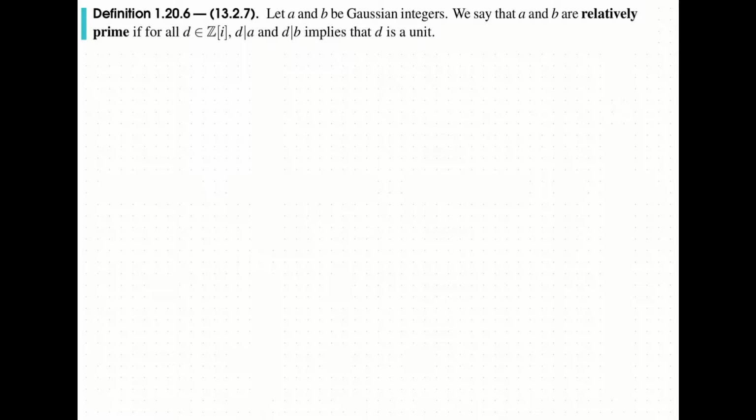And so let's look at 2, which is equal to 1 plus i times 1 minus i. It factors into these two Gaussian integers, and we may ask, are these relatively prime? Because if they are relatively prime, that will essentially give us two distinct prime numbers over the Gaussian integers.